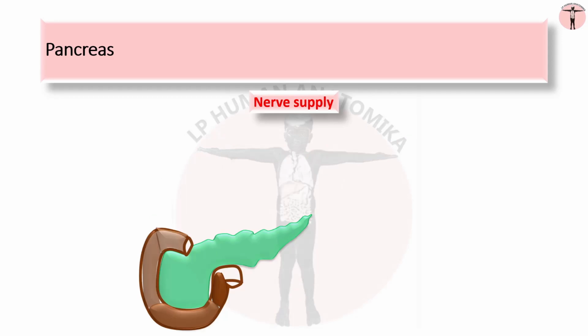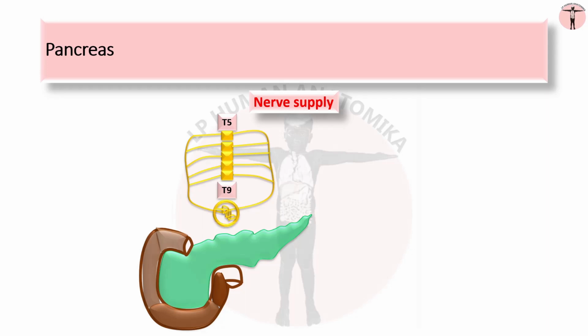The pancreas is supplied by sympathetic and parasympathetic nerve fibers. The preganglionic sympathetic fibers arise from 5th thoracic to 9th thoracic segments of spinal cord and relay in the celiac and superior mesenteric plexus. The postganglionic fibers arise from these plexus and supply the pancreas.